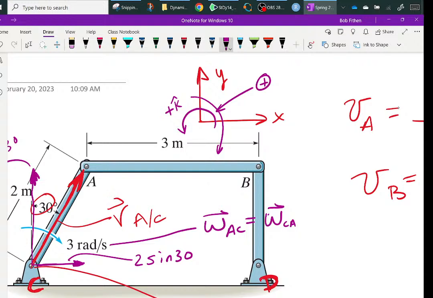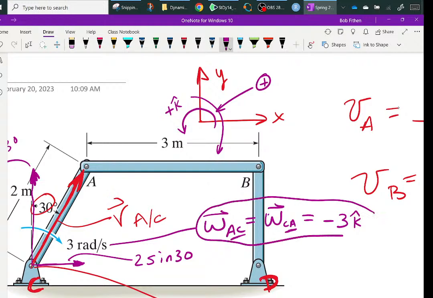Omega AC, the notation on the bottom here doesn't matter, is actually equal to minus 3K. And again, the reason it's a minus 3K is that the rotation I've got here is that one, and this is the positive one, and so I've got a negative there.